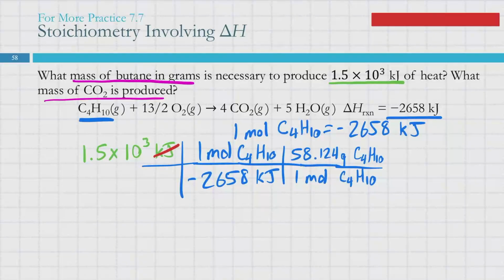So we got rid of the kilojoules in our first step. We converted to moles of butane. If we multiply by our molar mass, the grams of butane are on top, the moles of butane on the bottom. So that'll get us grams of butane. So kind of working the opposite direction of the previous problem.